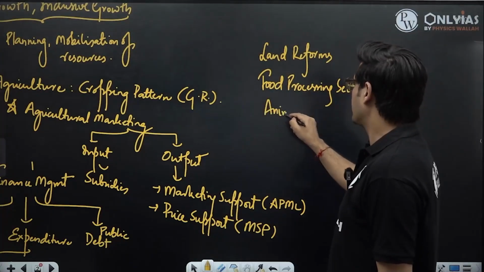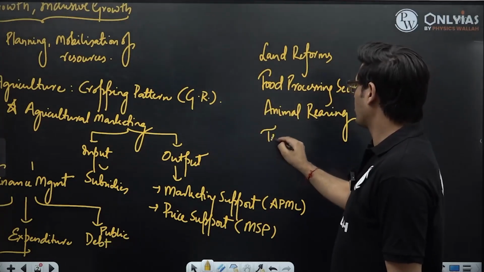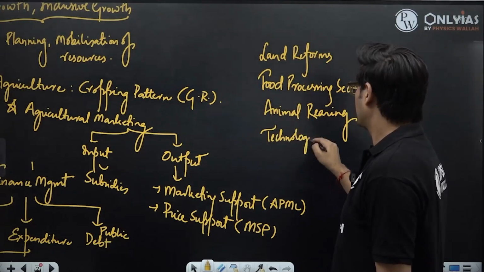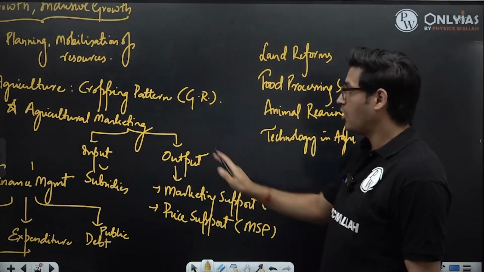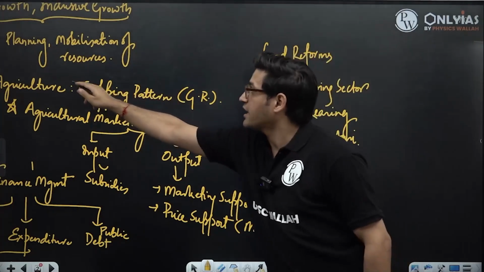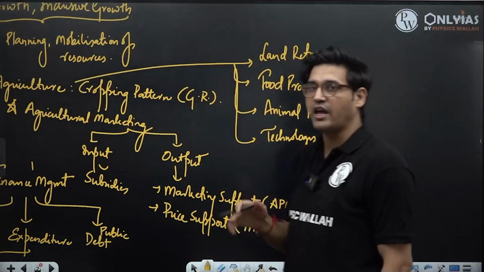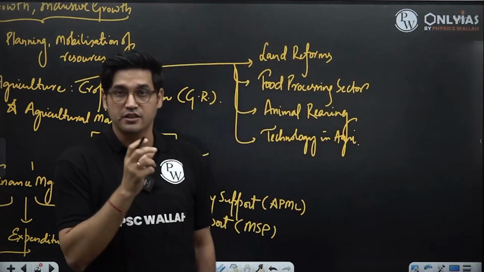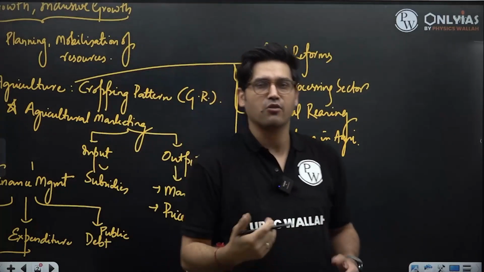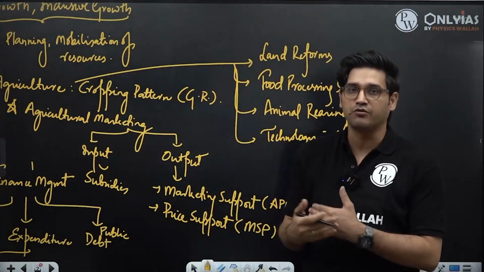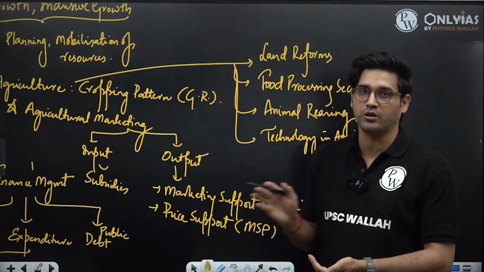Thereafter, we'll have to discuss the economics of animal rearing and the role of technology in agriculture in India. All of them are a part of agriculture as a topic, either directly or indirectly. So this is the one topic as part of your mains examination, which is the most detailed, and consequently every year you'll find that there will be 3 to 4 questions that they ask straight from this topic, which is Indian agriculture, one of the most important topics.